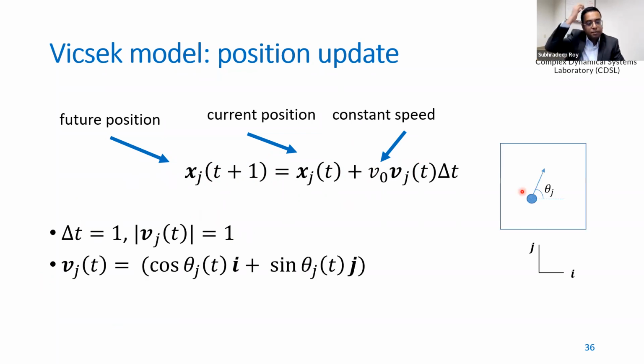We can also write vj in terms of the heading direction theta. Let's say we know the heading direction theta of agent j. I can write it as cosine theta along i, the unit vector, and sine theta along j. That is the direction, and that's what will be updated. That's when the interactions happen.